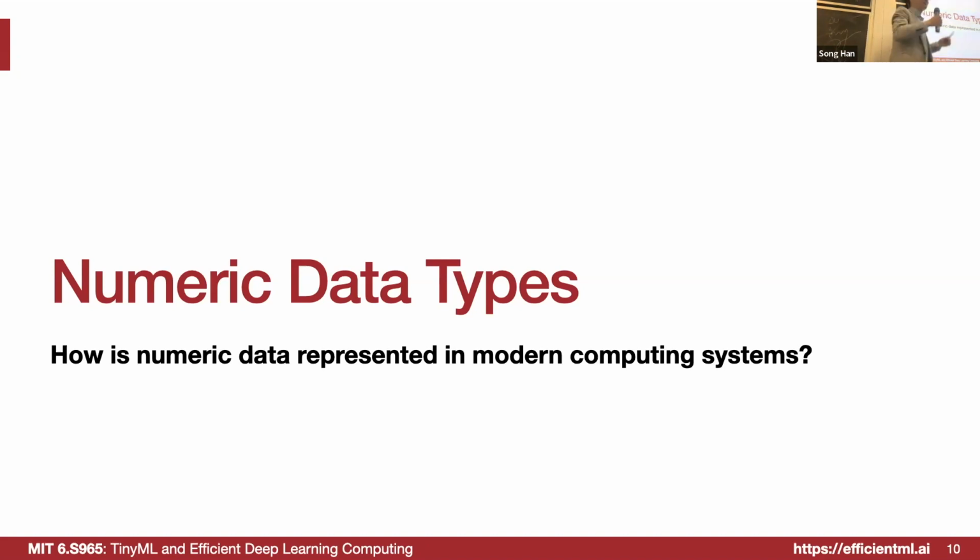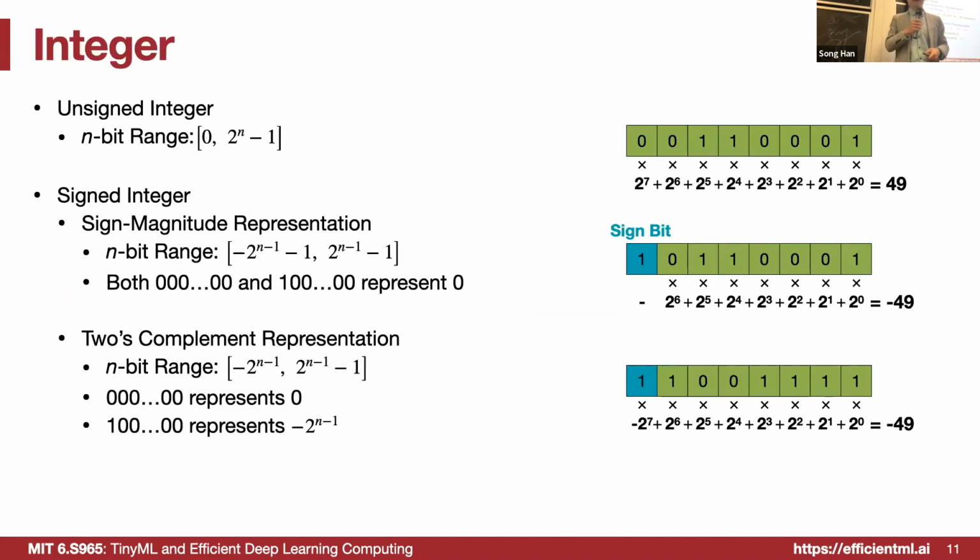So what is FP8? What is FP32? What is int? You may also have heard of BF, brain float. What are they?